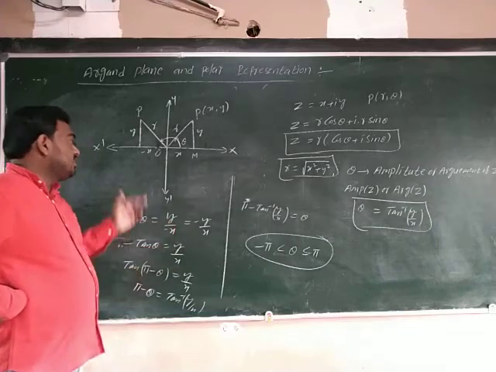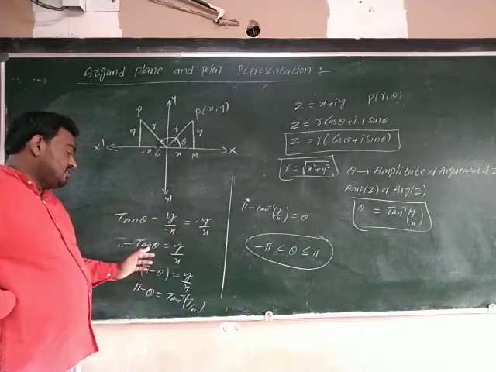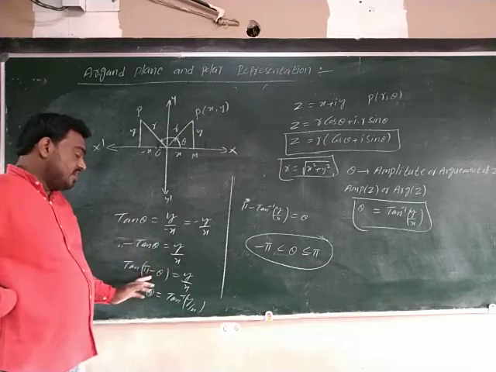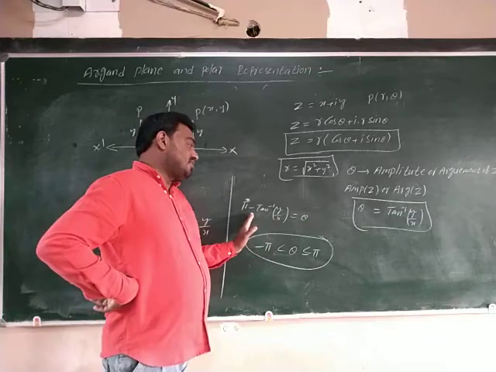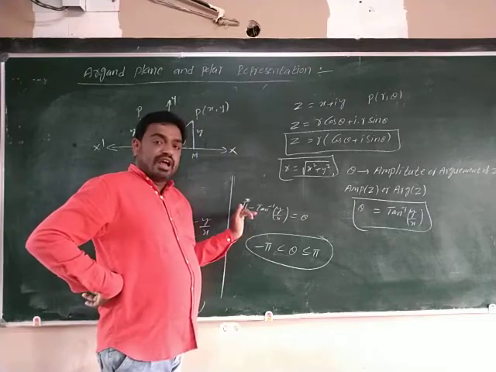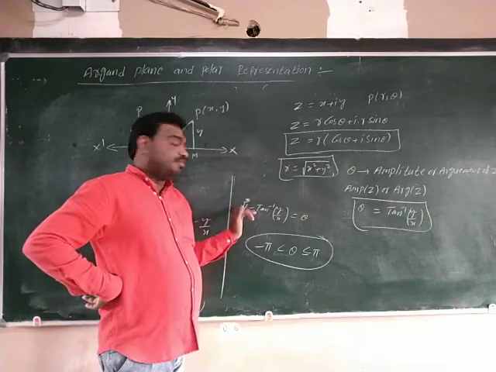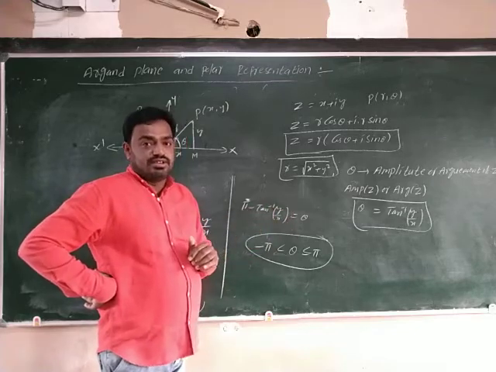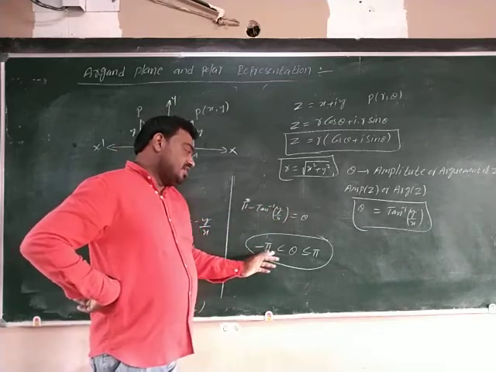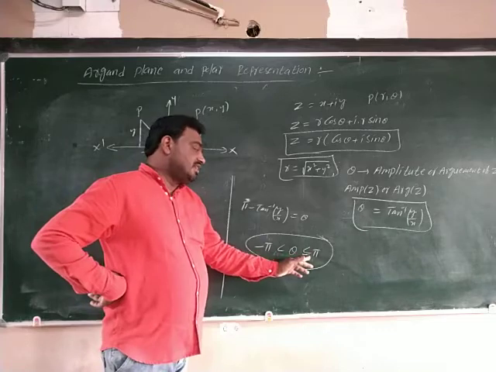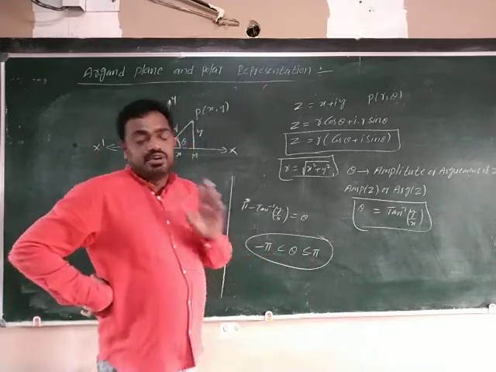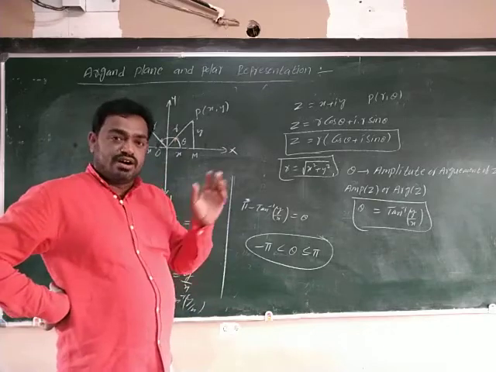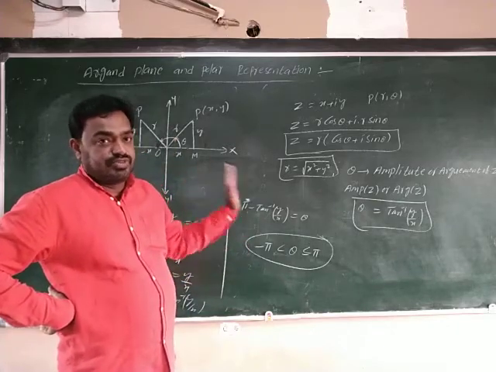The second quadrant equivalent angle of minus tan theta is tan of pi minus theta. Just remember this: if theta is in the second quadrant, the amplitude is pi minus tan inverse of y by x. Here minus pi less than theta less than or equal to pi; these values are called principal values of amplitude. Principal values, general values, all those things we will discuss in the second video.